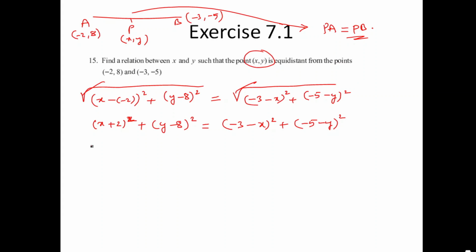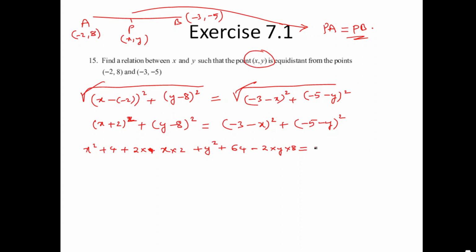This is your a square plus b square plus 2 into a into b, plus y square plus a square is 64 minus 2 into a into b, isn't it?